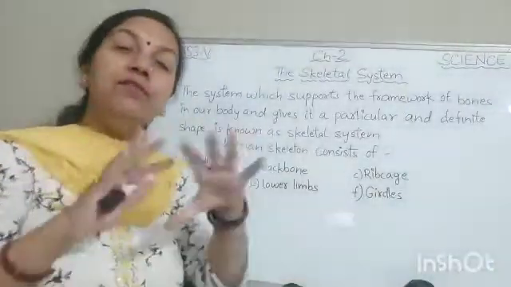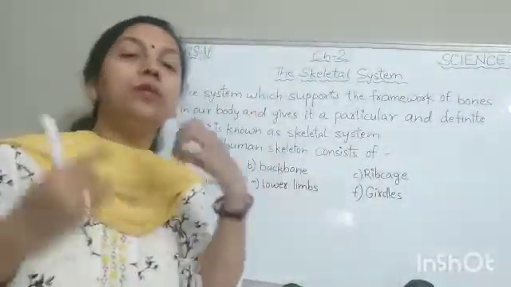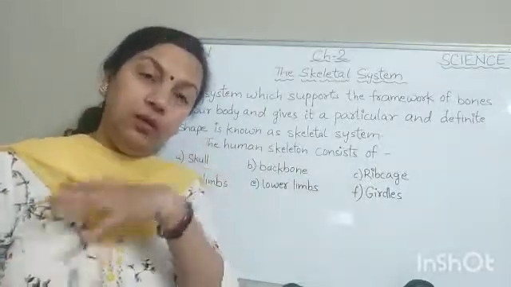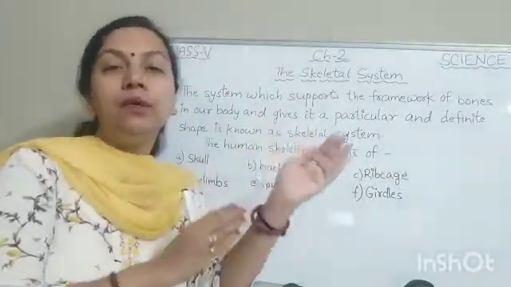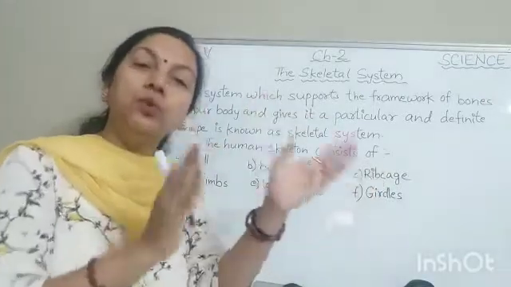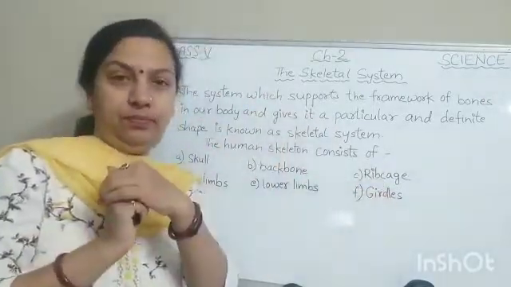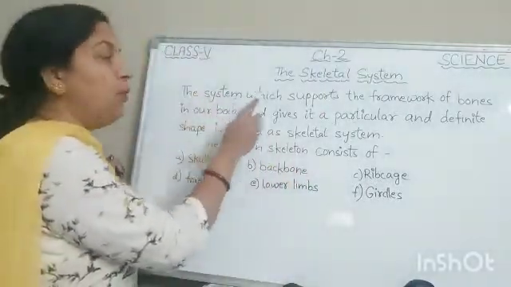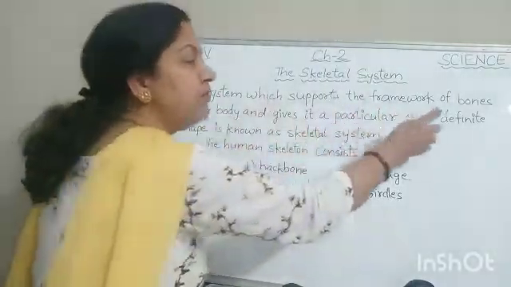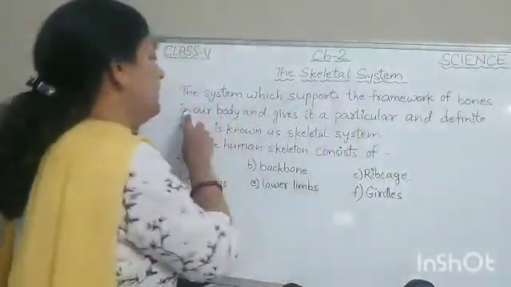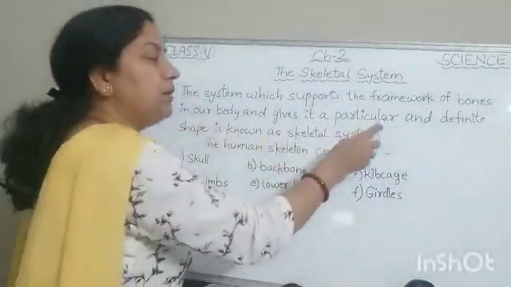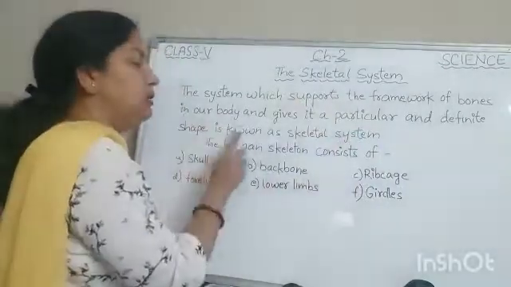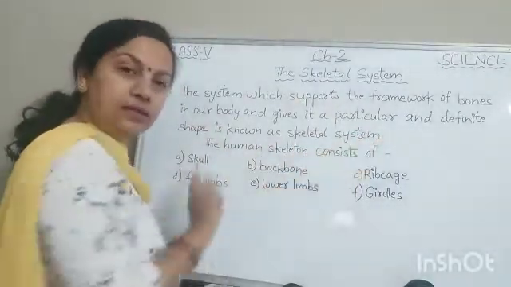This one is known as the skeleton, and this framework of bones which supports our body and gives it a particular and definite shape is known as the skeletal system.